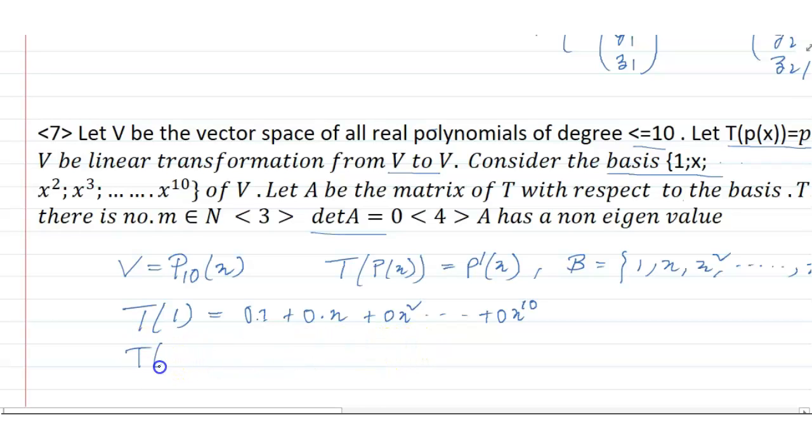Similarly, t x is equal to 0 into 1 plus 1 plus 0 into x square plus 0 into x to the power 10.